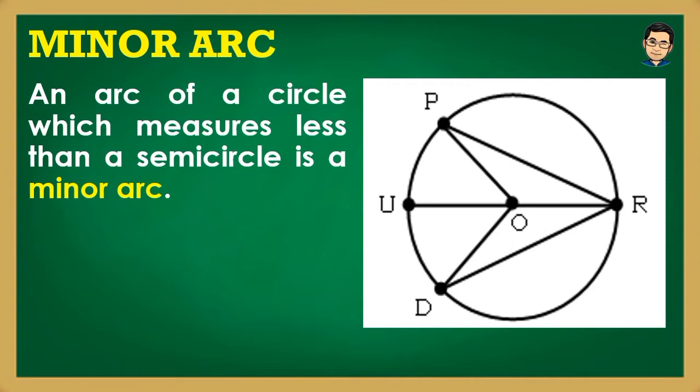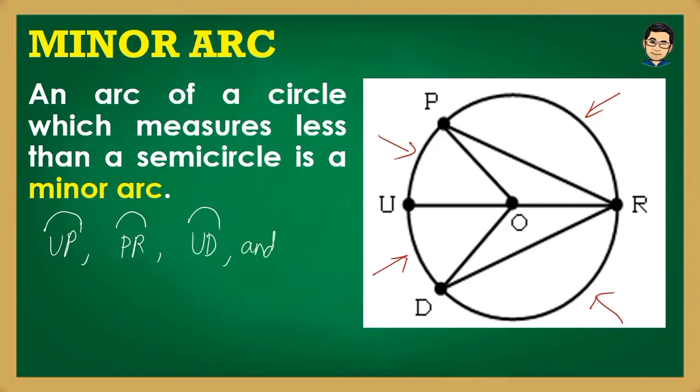Okay. So, let's identify the minor arcs on the given circle. Ito po sila: UP, PR or RP, UD o kaya naman DU, or DR or RD. So, sulat lang natin, arc UP, arc PR, arc UD, and arc DR are minor arcs.